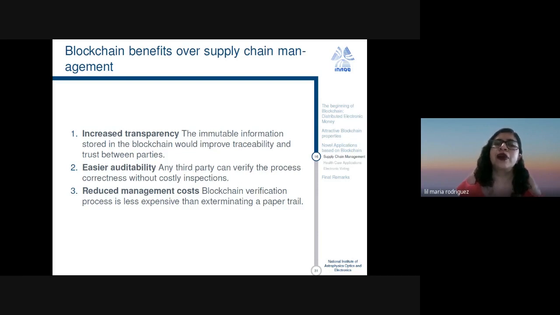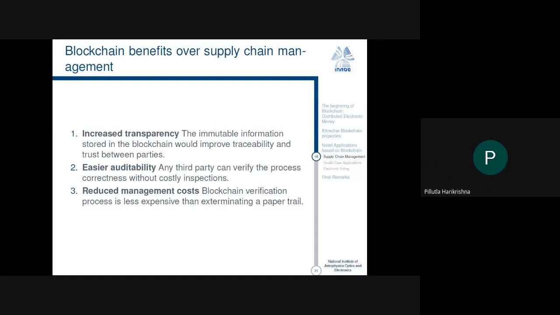Also, it will be easier to audit what happens. So any third party can verify the complete process and determine its correctness without costly inspections. Also, we can reduce management costs.